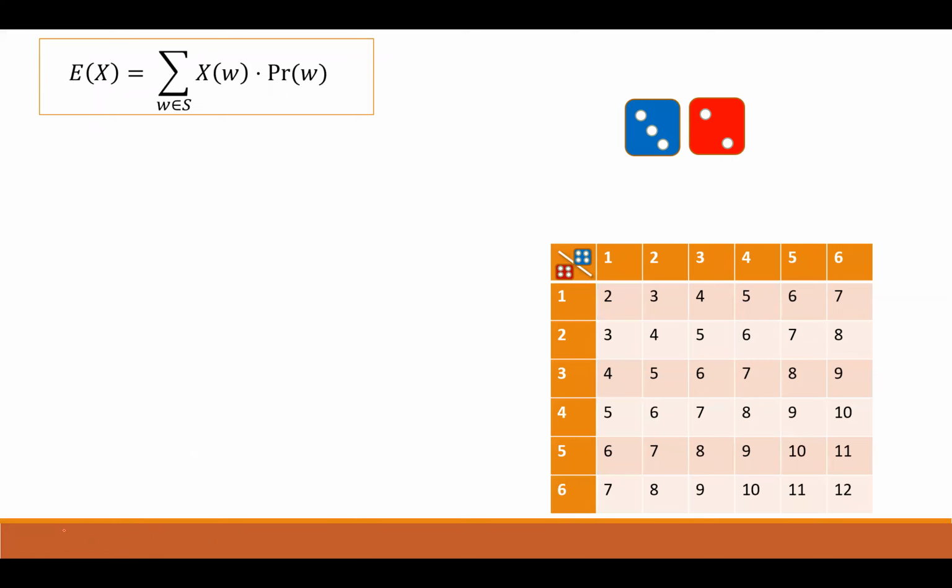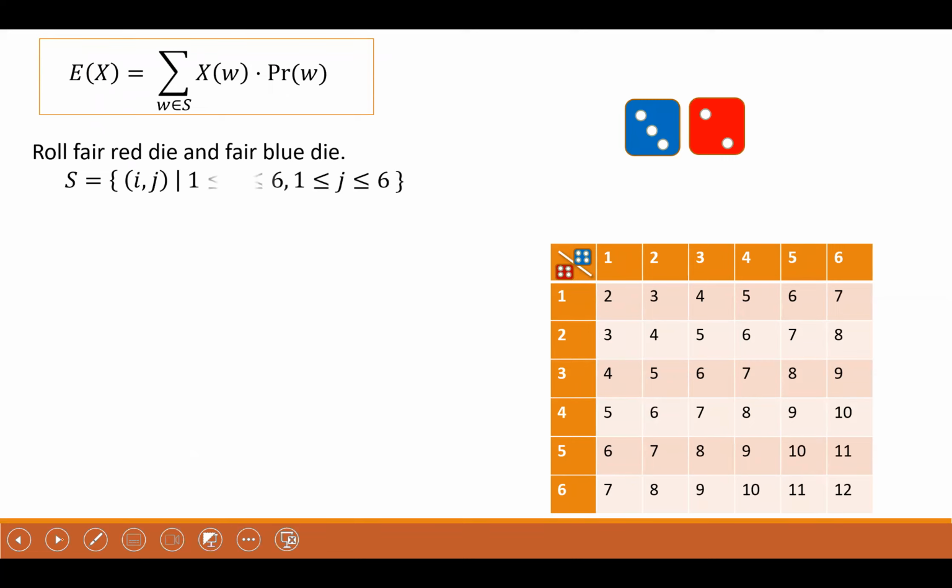All right, let's look at another slightly more interesting example. Again, we talked about how we were using random variables earlier. So this is the table that we saw then.